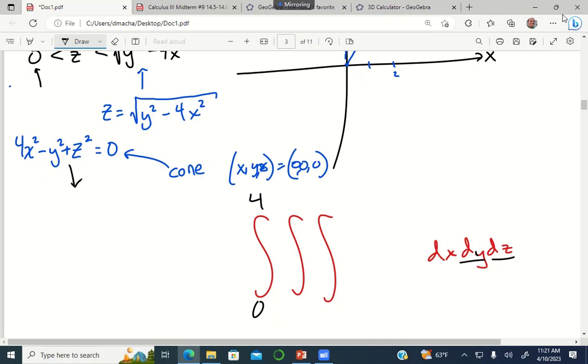I might start from right here and say that y is equal to the square root of 4x squared plus z squared.